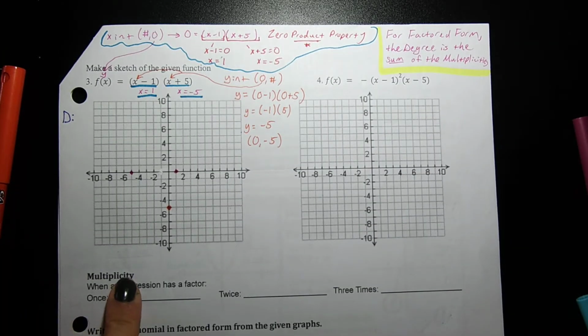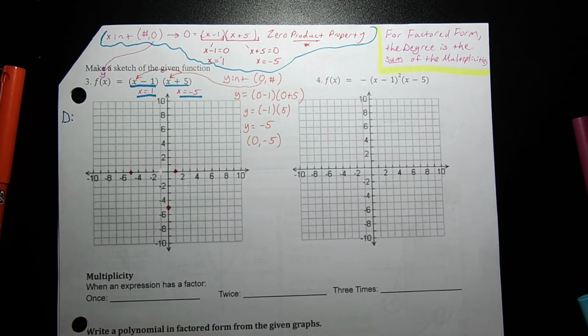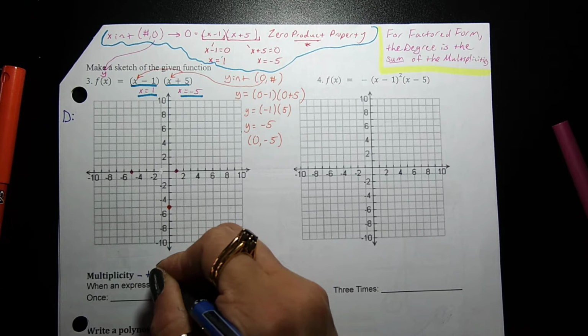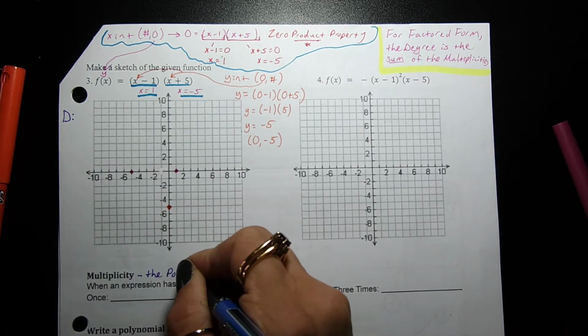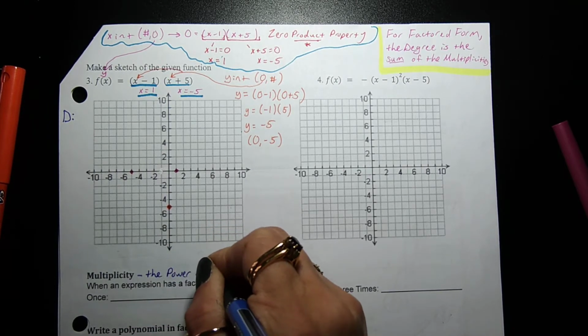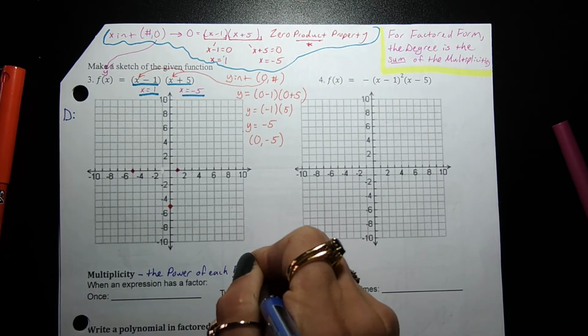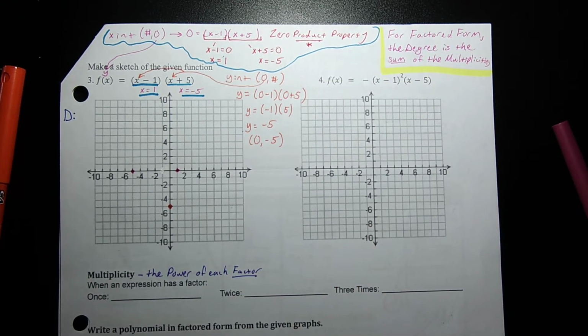So we better define what multiplicity is. Multiplicity is the power or exponent of each factor. The power of each factor.